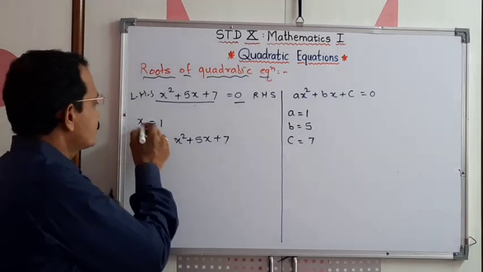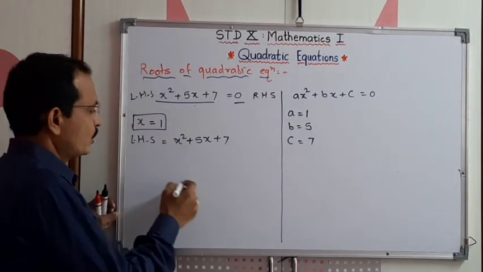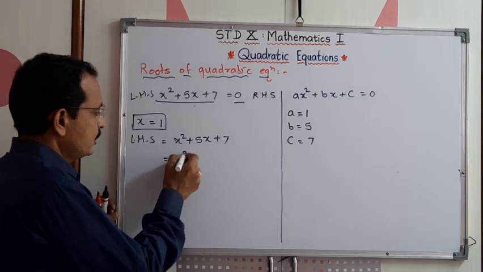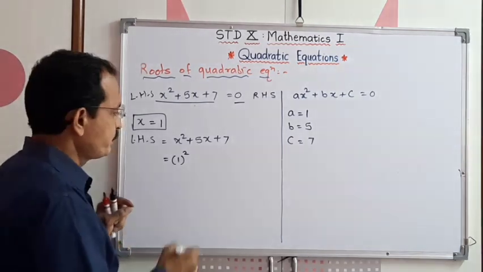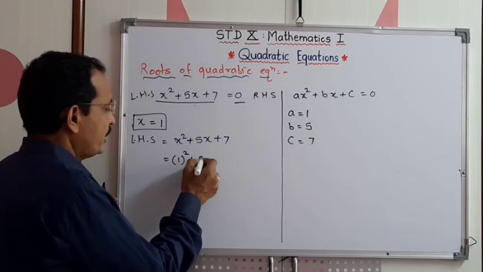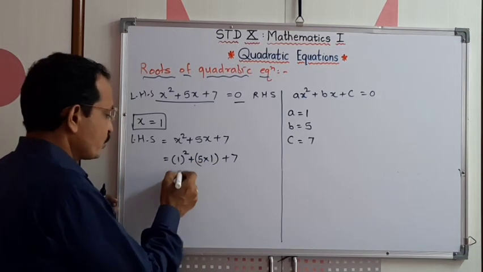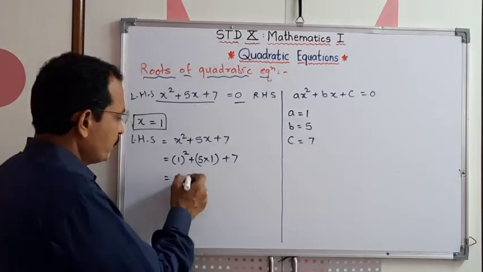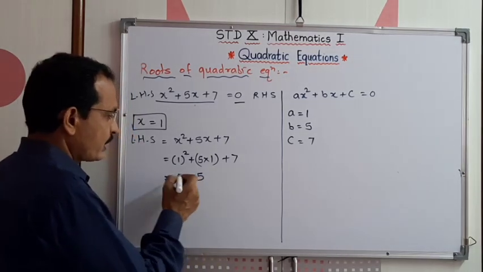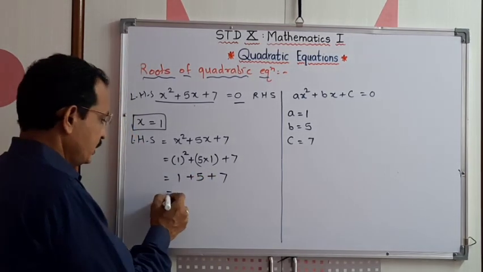Now put x is equal to 1. Let's see what happens. Here it is 1 square, plus 5 into 1 plus 7. The square of 1 is 1, plus 5 into 1 is 5, plus 7.